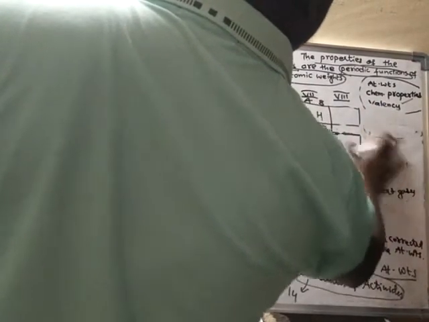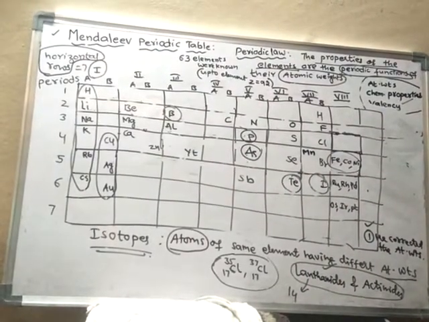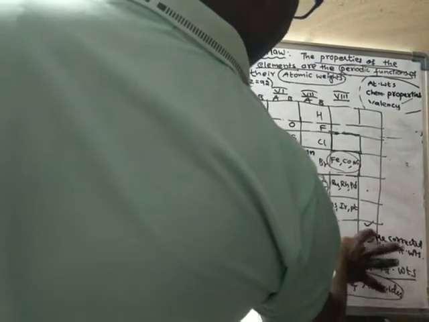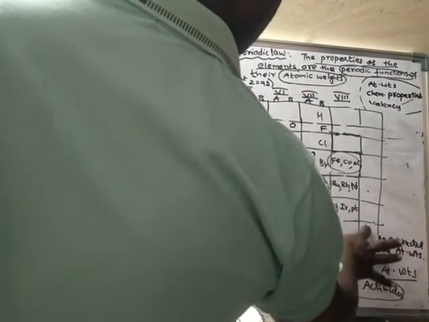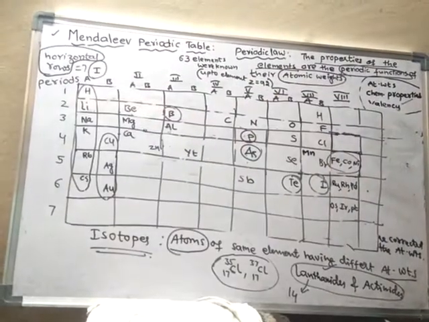One more group was added in order to accommodate the inert gases. Only for inert gases, a separate group was allotted.